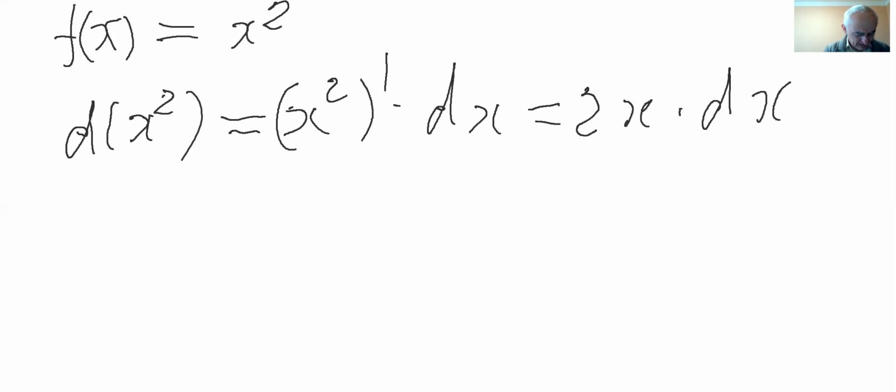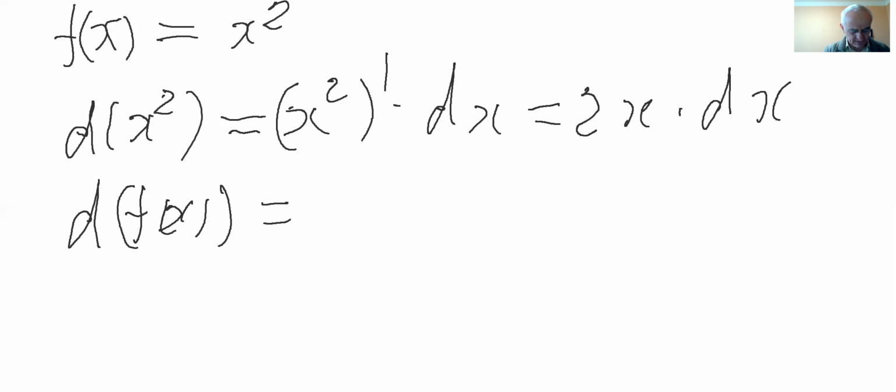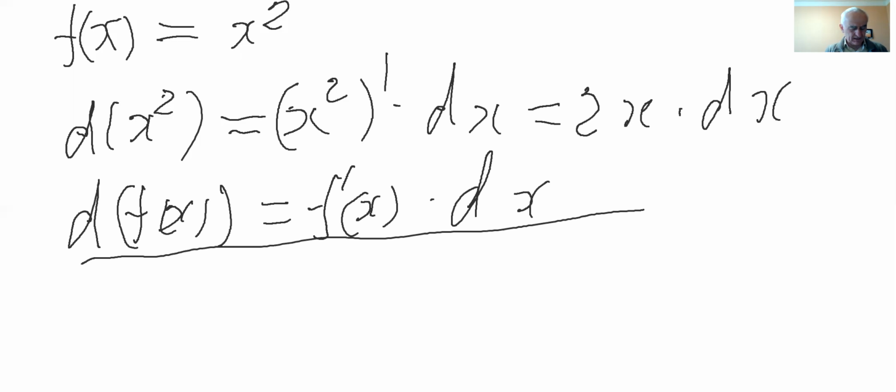So I can write down now the formula: d f(x), the differential of the function, equals the derivative of this function times dx. Okay, let's give another example. For example, we have d(5x).